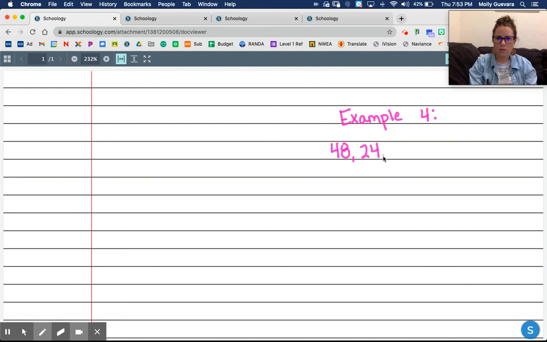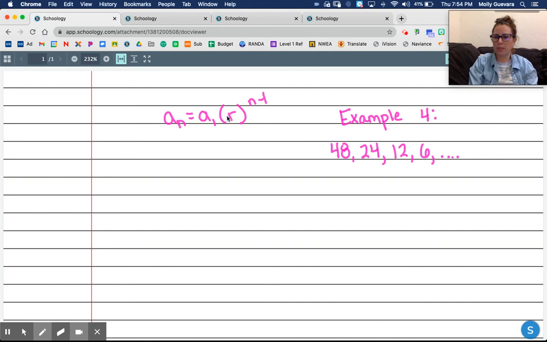48, 24, 12, 6, dot, dot, dot. Okay, so again, I can tell it's dividing by 2, but here's the problem. In my explicit formula, I cannot put dividing by a number in here.